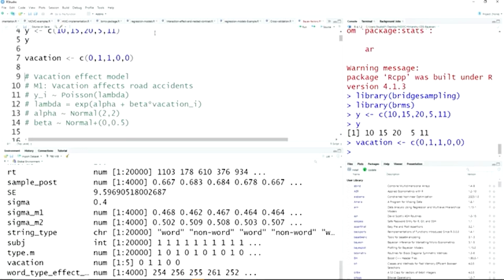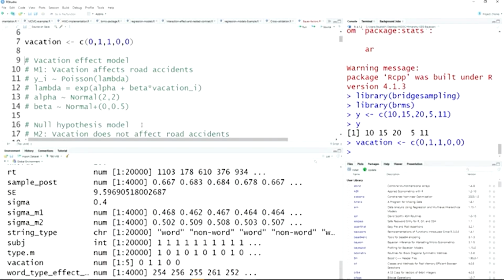So this is the model that we are using, the vacation effect model. It says that the number of road accidents on the ith day comes from a Poisson process with underlying rate parameter lambda, where lambda equals the exponent of alpha plus beta times vacation i, where alpha comes from normal(2, 2) and beta comes from normal(0, 0.5).